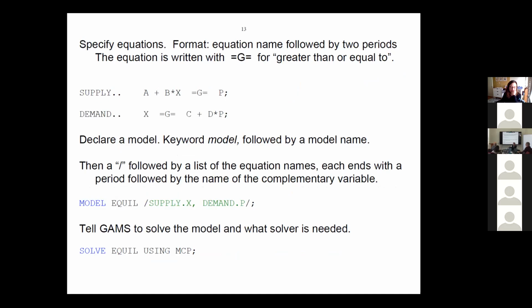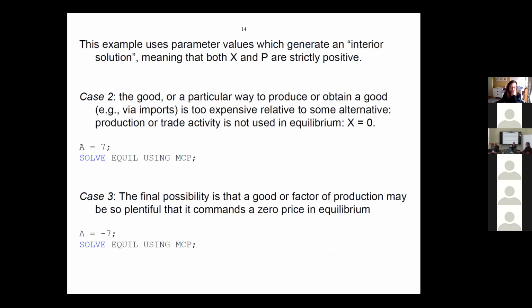A was 2, so now the supply curve will lie everywhere above the demand curve in the positive area. Case 3, do the opposite, set A at -7, and now the supply curve in the positive orthant will be everywhere to the right of the demand curve. This is how to compute those.